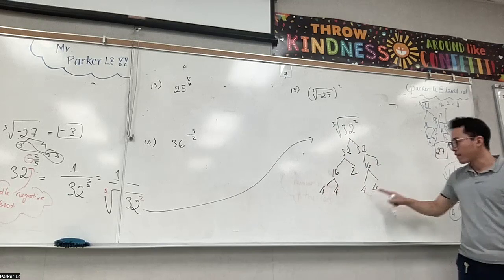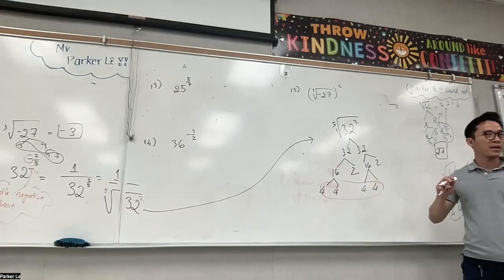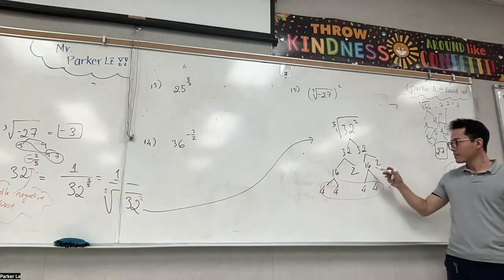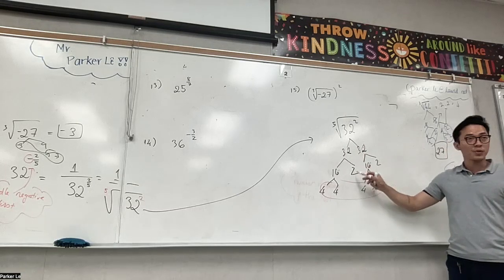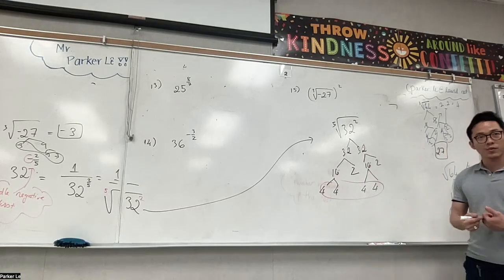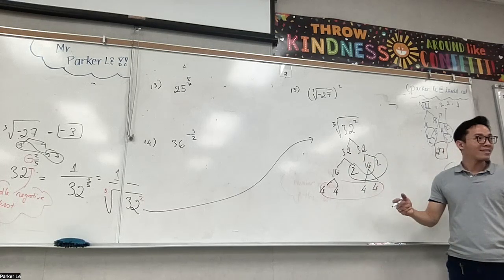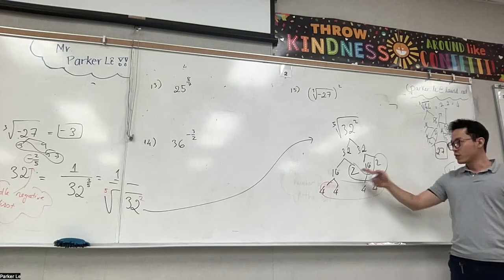I have 1, 2, 3, 4. Do I have enough? No. But what do I have left? 2 and 2. What is 2 times 2? 4. So I have another 4 hidden here.